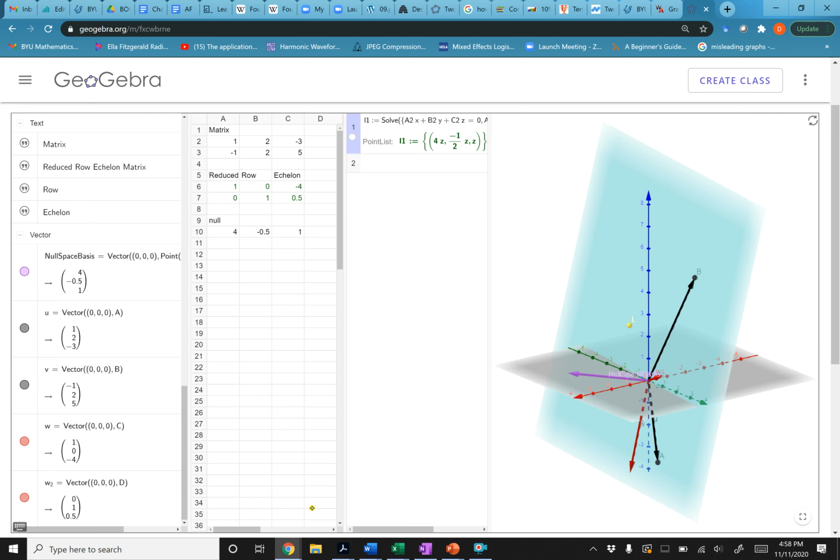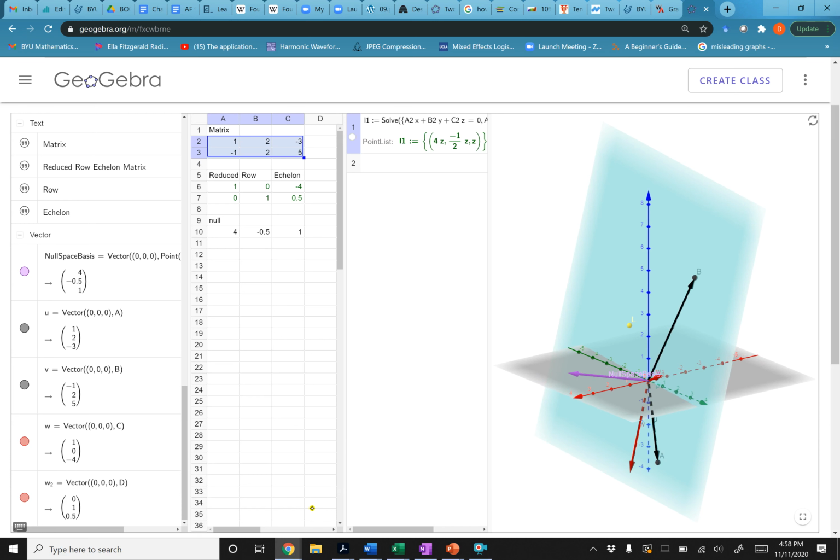So these blue vectors, they are the row vectors. So the matrix, if you look at this spreadsheet right up here, is 1, 2, negative 3, and negative 1, 2, and 5. If you plot 1, 2, negative 3, and negative 1, 2, 5, those two vectors are these black vectors.